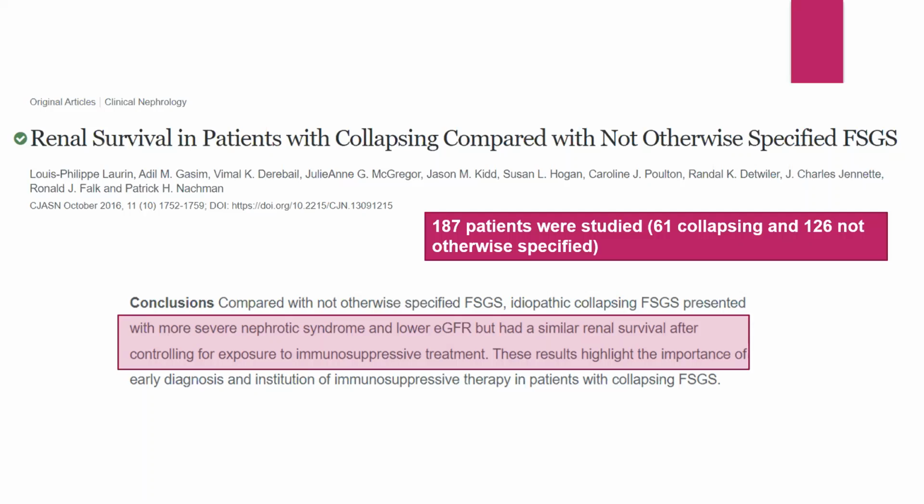And this is one of the published articles. See that the idiopathic collapsing FSGS presented with more severe nephrotic syndrome and lower GFR, but had a similar renal survival after controlling for exposure to immune suppression. And these results highlight the importance of early diagnosis and the institution of immune suppressive therapy in collapsing FSGS.